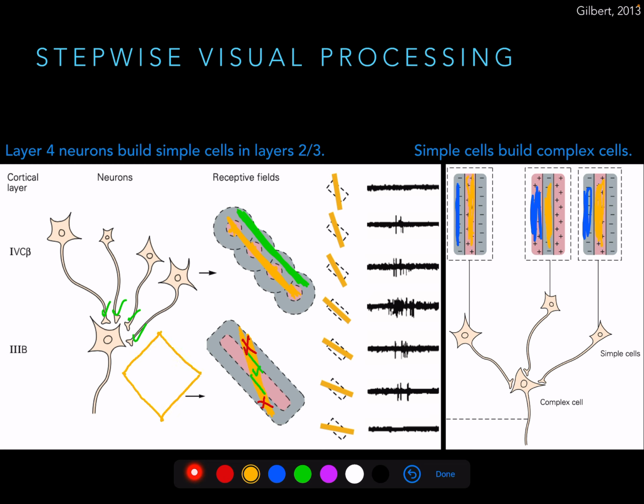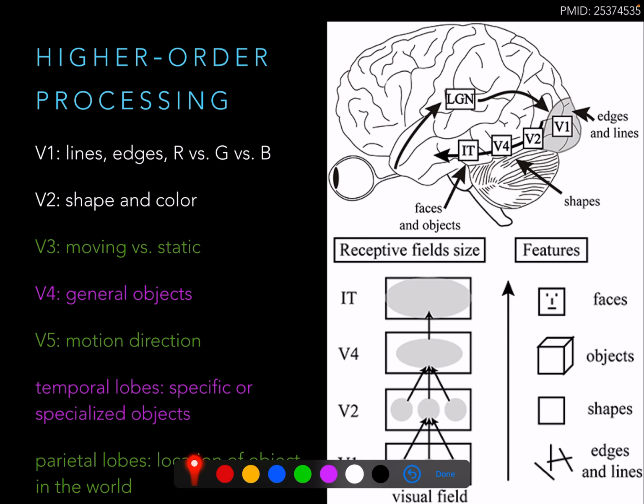I get these 4 simple cells active that are near one another, and now I've turned 4 lines into one shape. Now I've got myself, I'm going to talk to a square neuron or a diamond neuron, whatever you want to call it. So it's just building on simple information. And that is the case for pretty much all of our sensory stuff.